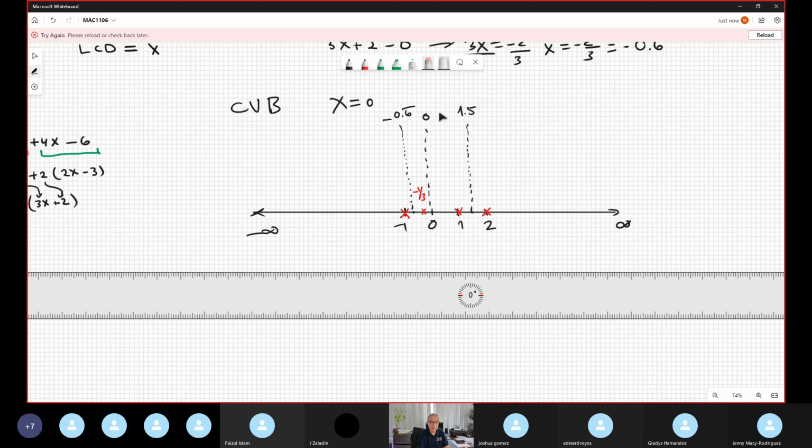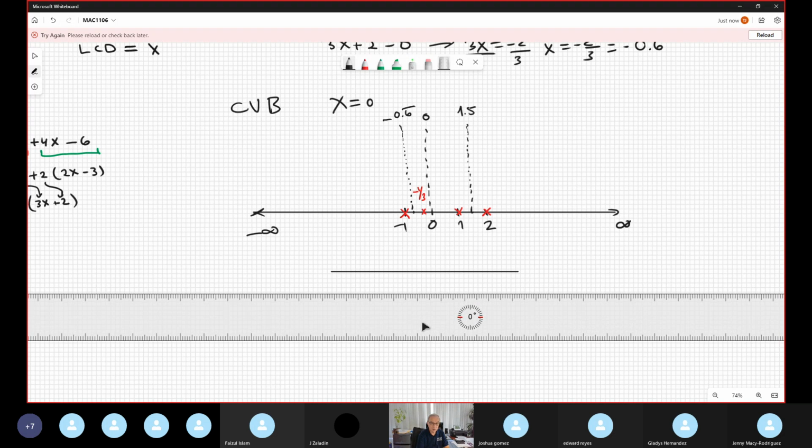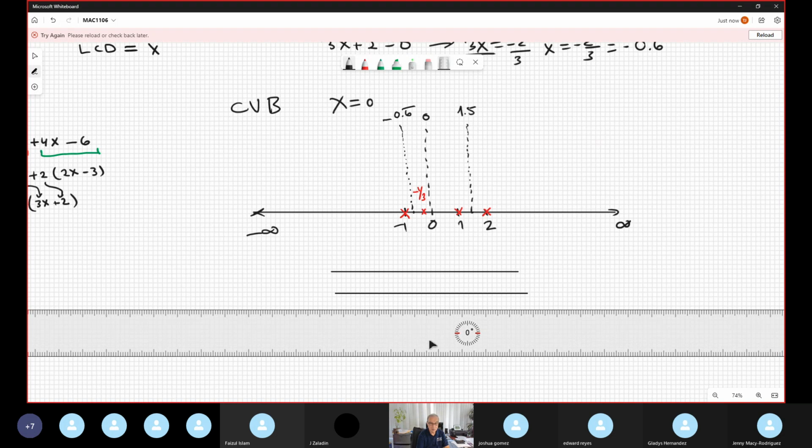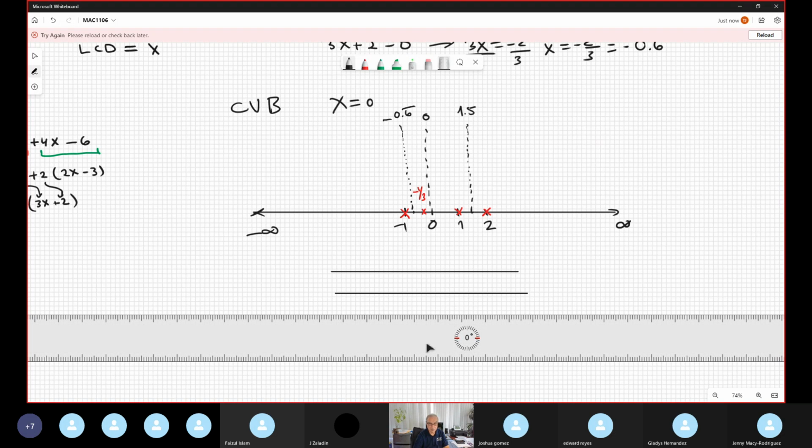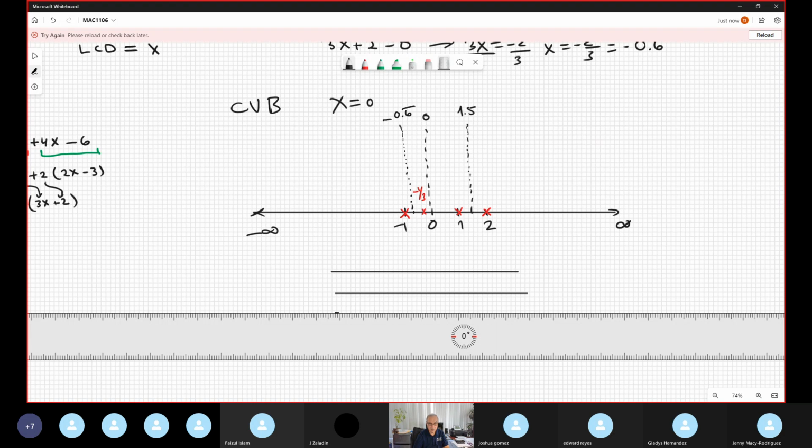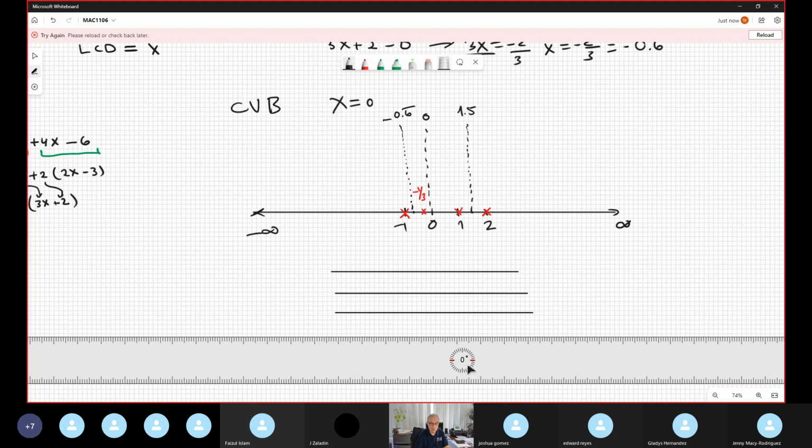Let me use a ruler, guys. How many columns do we have? We have 1, 2, 3, 4, 5. One more.